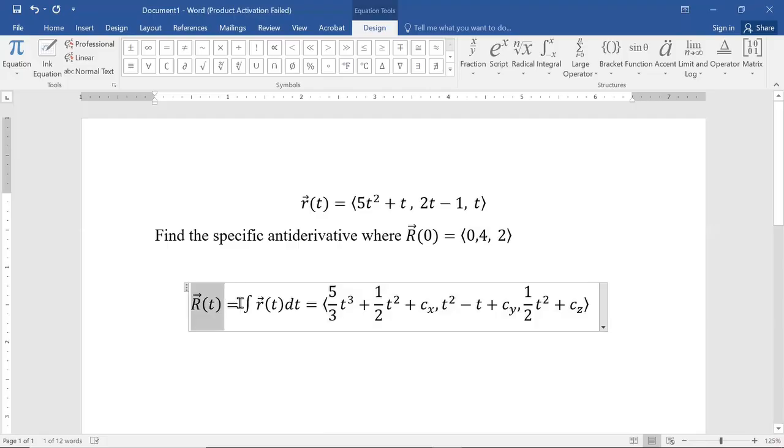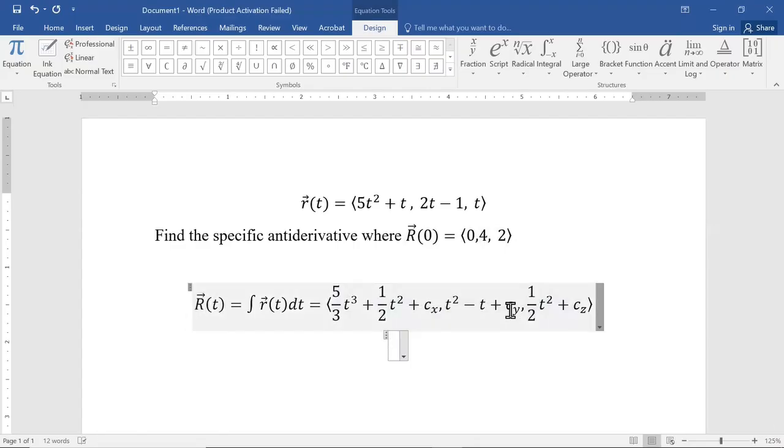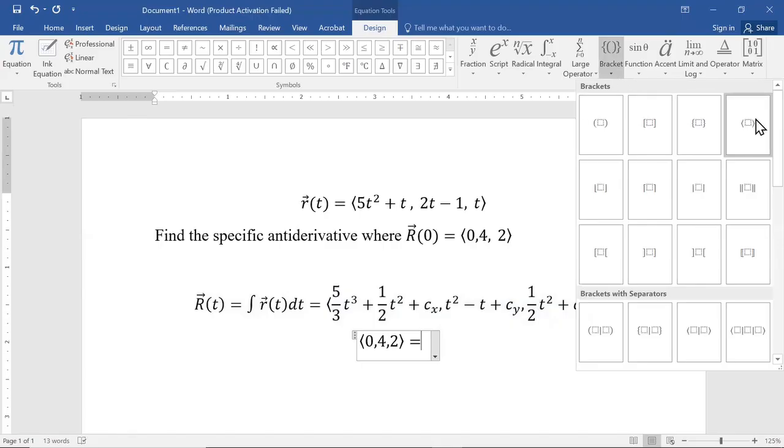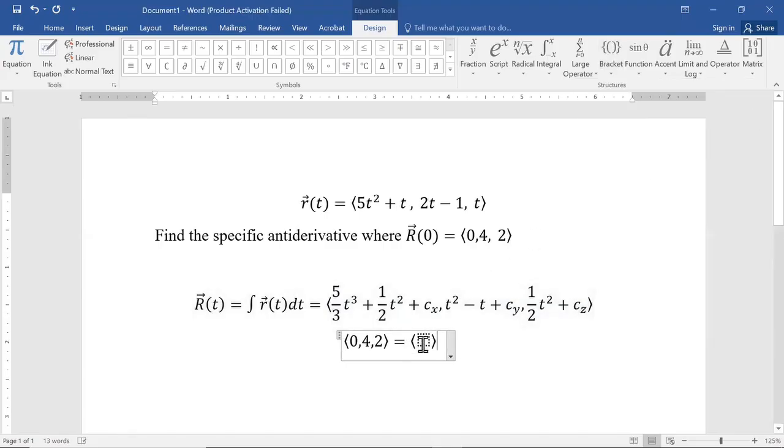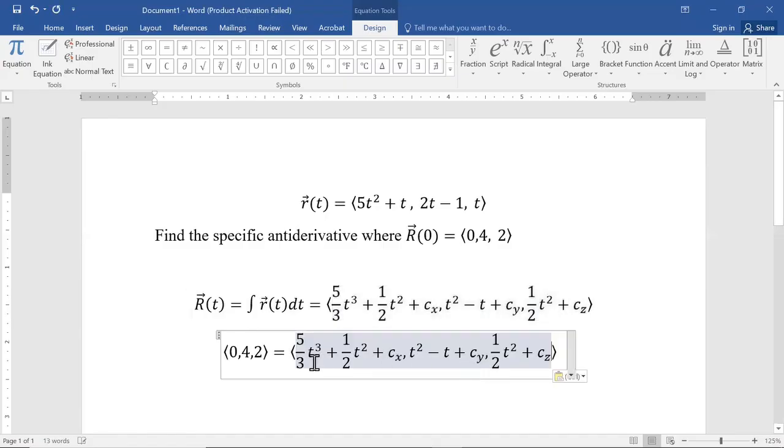Knowing that r of 0 is 0, 4, 2 tells me that 0, 4, 2 will equal what happens when I plug in 0 into this vector valued function.